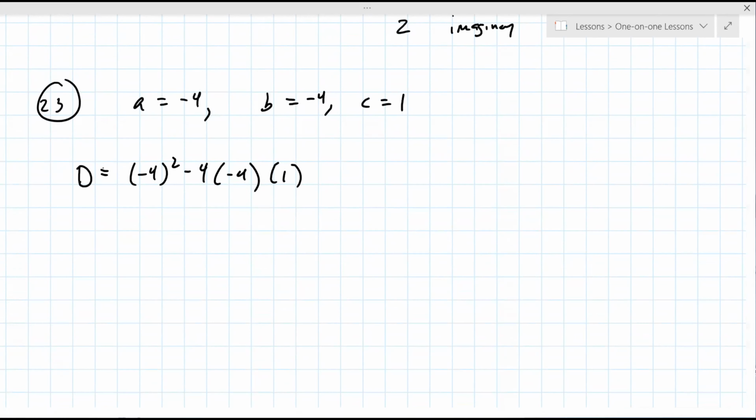I got 32. So it's 32, which means it's greater than 0. So that means it has 2 real solutions. Got it.